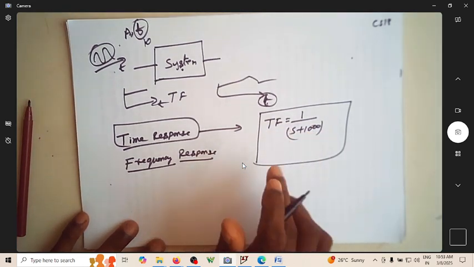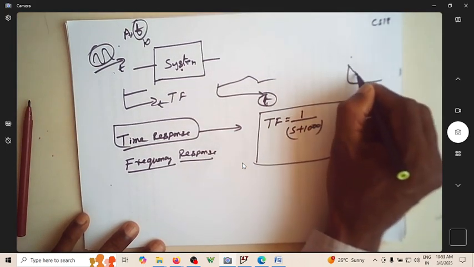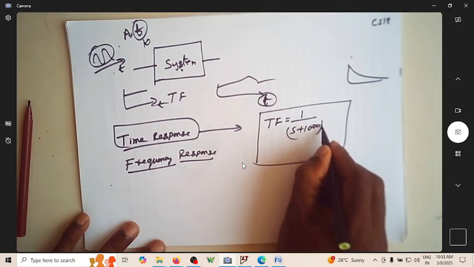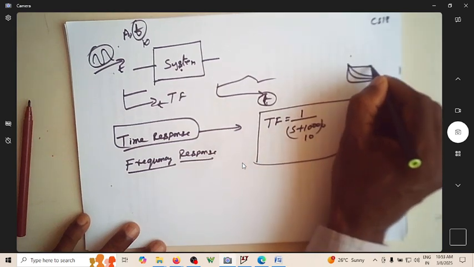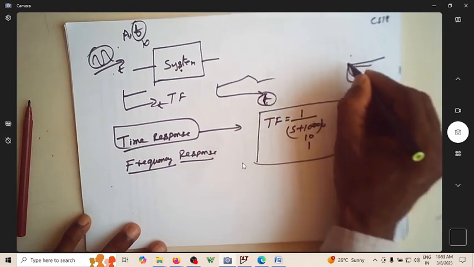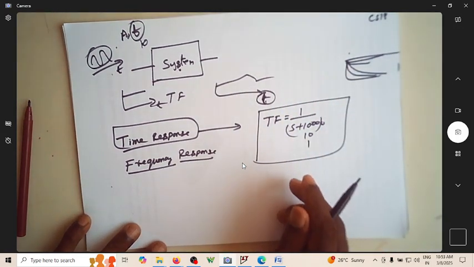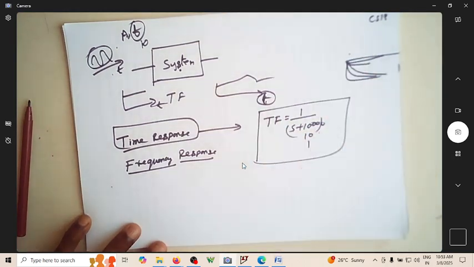You have only one pole. What is the response of this? We saw that the response keeps going down, so it is decaying. If it becomes 10,000, it decays faster. If it becomes 100, it decays slowly. If it becomes 1, it decays very slowly. If it is 0, it's a perfect DC. You can see the pole position matters for the response.